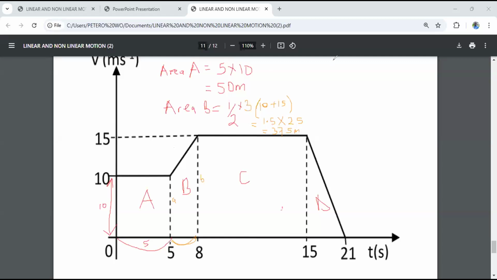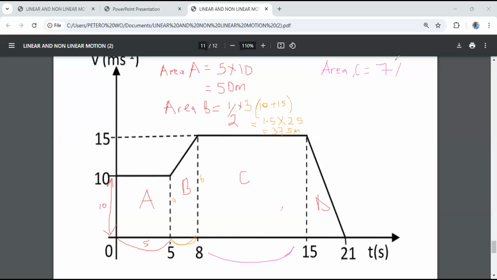Then we go to area C. Area C is a rectangle also. The length is 8 to 15. The interval between 8 and 15 is 7. So this is the length, which is 7, and the width is 15.